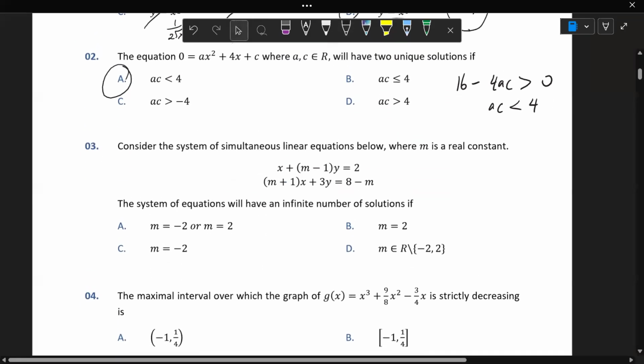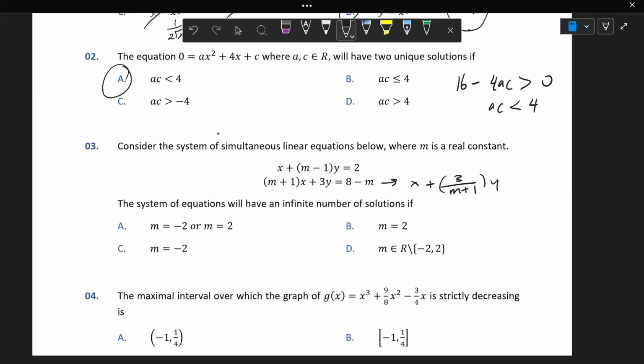For this one, you want an infinite number of solutions. That means that the two lines must be the same. So a quick way we can do this is to divide the second equation by m plus 1. So then it becomes x plus 3 over m plus 1 y equals 8 minus m over m plus 1. And then now you just have to equate all of them.